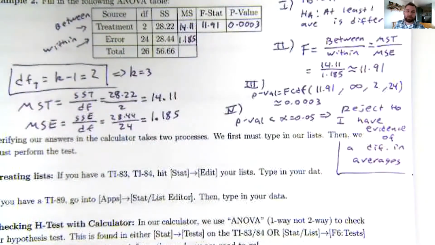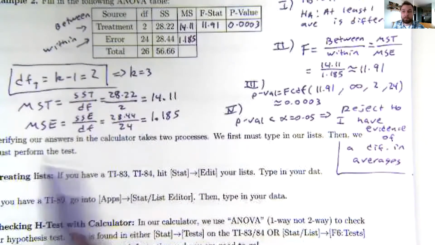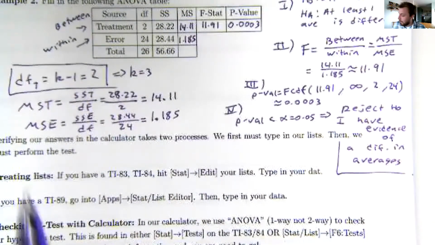It doesn't say which averages are different, and actually with the table that I'm provided, I don't even know what the average was for the first, second, and third group, but I do have my conclusion of the test. I am able to fill in this partial table, and I got to practice this new language a bit.